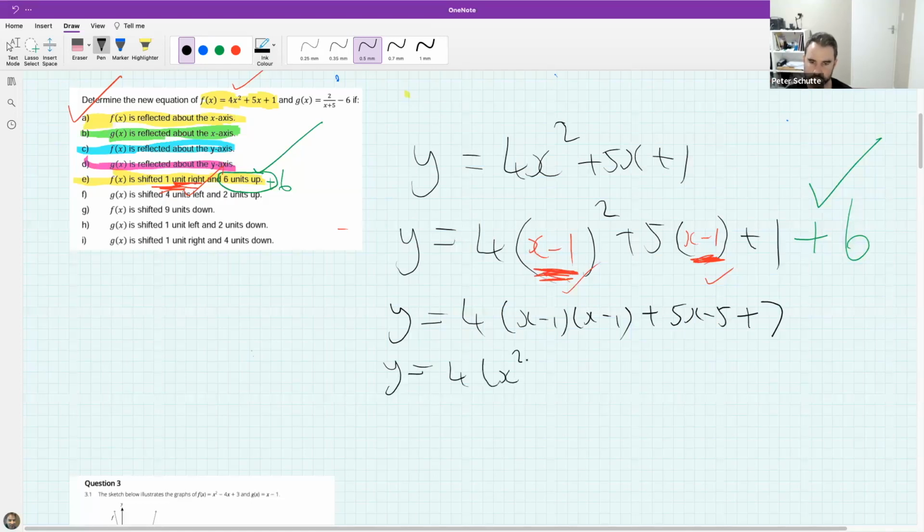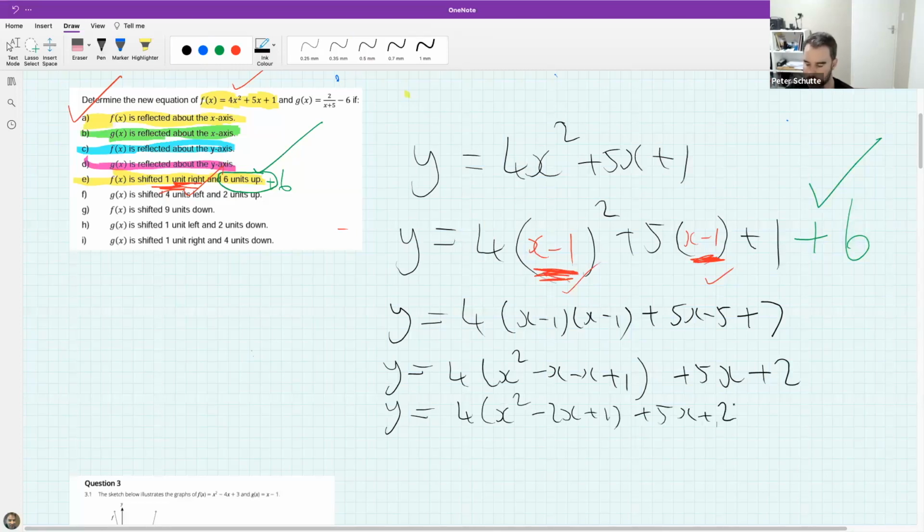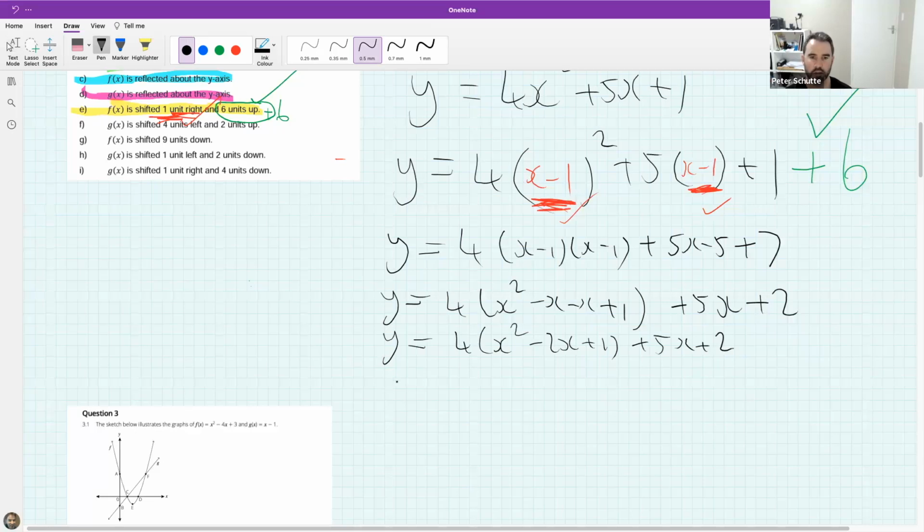You don't have to do as many steps as I'm doing, but I'm just kind of showing you what my final parabola value is going to be, or the standard form of this transformed parabola.